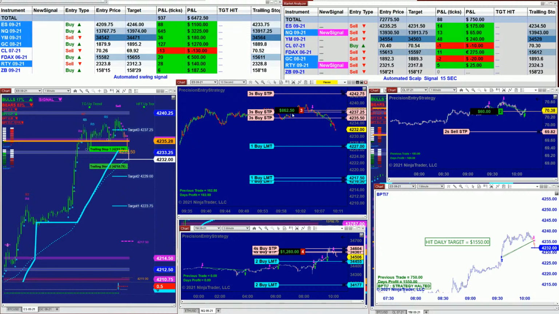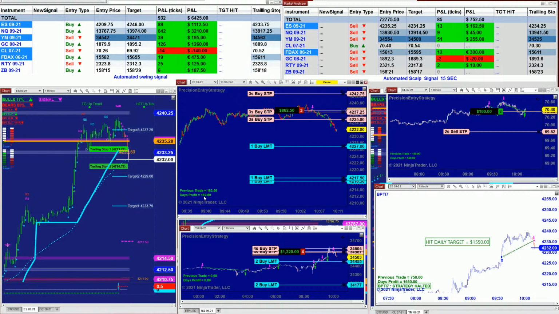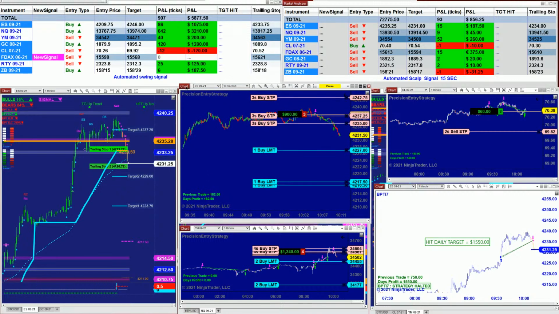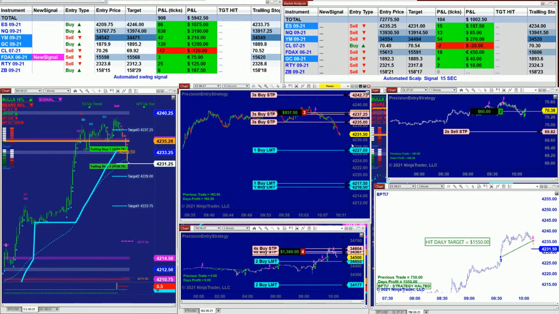Now, if we notice on the 10-second, the first round was 1800, and now we have 900 and 162 here. So we already hit the target within seconds. The precision auto trade is friendly and easy to use. It's easy to optimize, and very efficient with entries and exits.